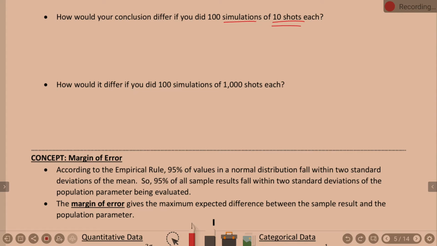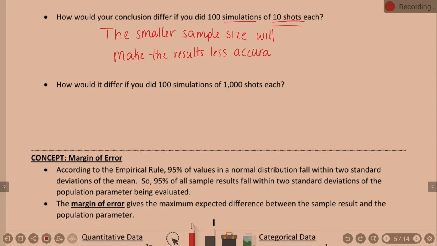So what I'm looking for here is, the smaller sample size will make the results less accurate.